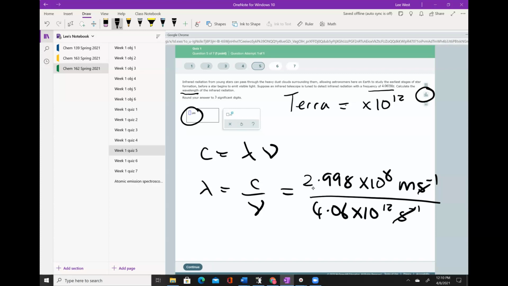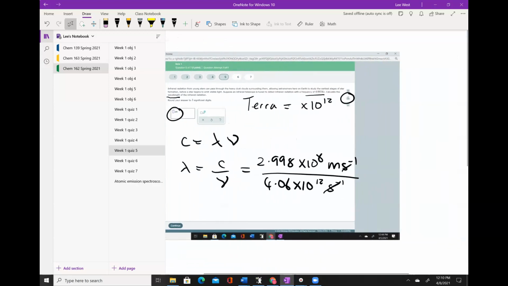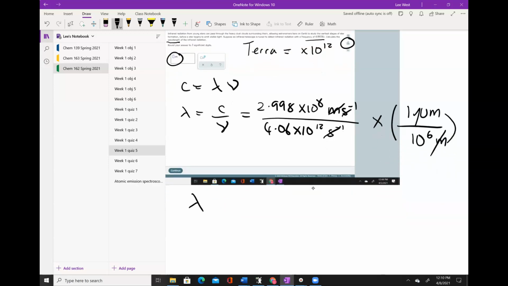So you can see that seconds to the minus 1 cancels out. Now, they don't want it in meters, they want it in micrometers. So we have to remember that 1 micrometer is 10 to the 6 meters. And then there we are, we've got our wavelength in micrometers.